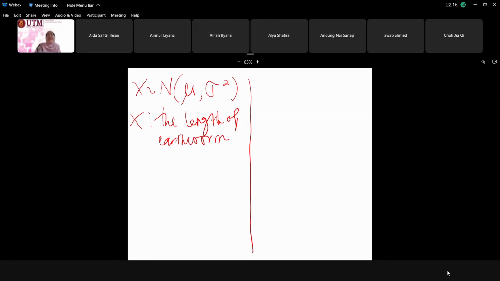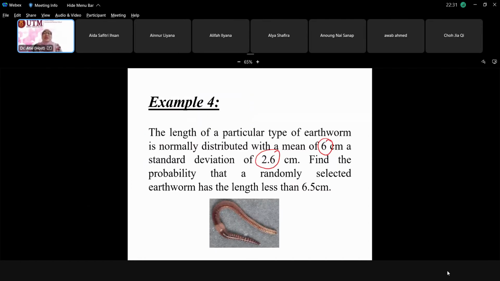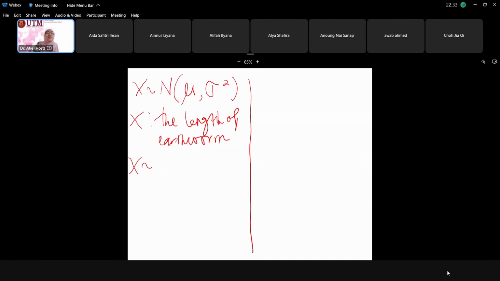Cacing tanah. This is the information that you need to get from the question. We go back to the question, we circled 6 and 2.6, so we just plug in the numbers here. The mean is 6, and the standard deviation is 2.6, squared.